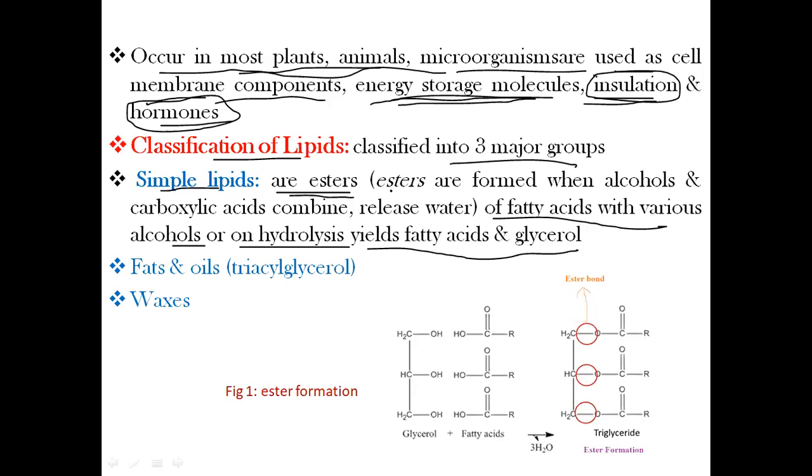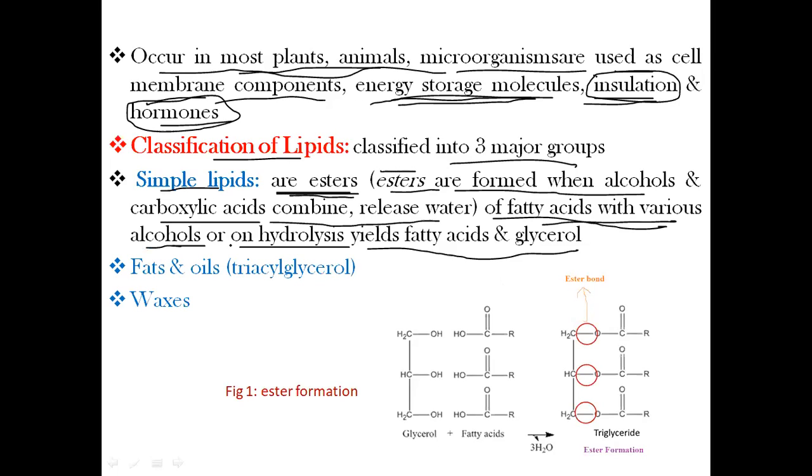Esters are those molecules which are formed when alcohol and carboxylic acid combine and release water. So when carboxylic acid and alcohols combine, it results in esters. So lipids are esters of fatty acids and various alcohols.